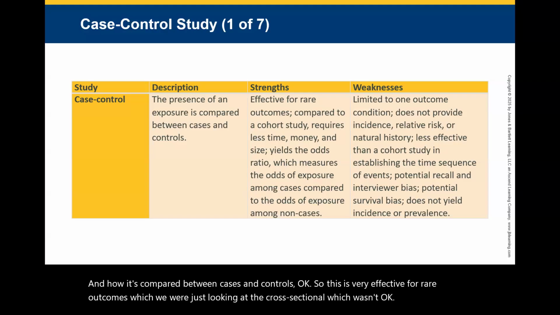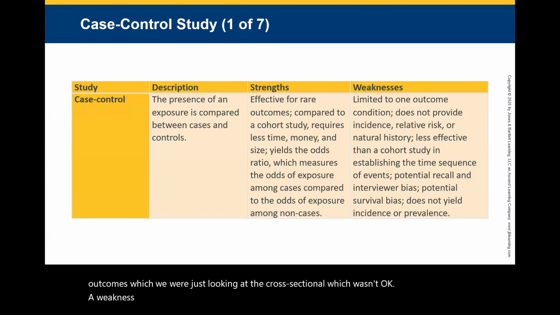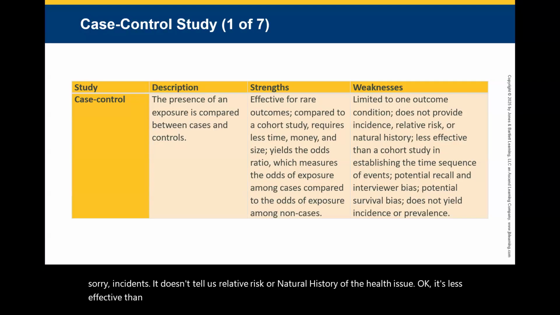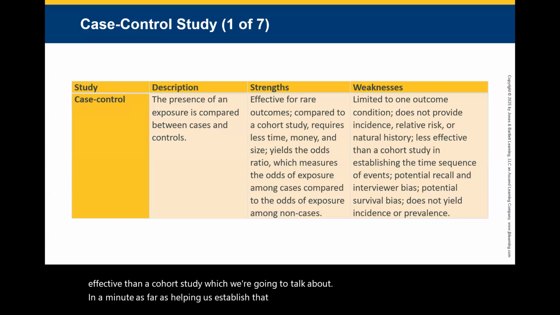A weakness is it's limited to just one outcome condition, so it doesn't give us prevalence, or I'm sorry, incidence. It doesn't tell us relative risk or natural history of the health issue. Okay, it's less effective than a cohort study, which we're going to talk about in a minute, as far as helping us establish that time relationship of events or that time sequence.